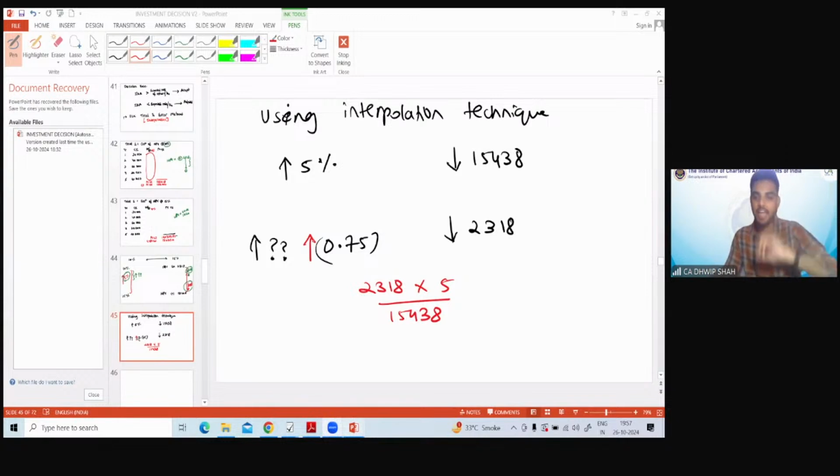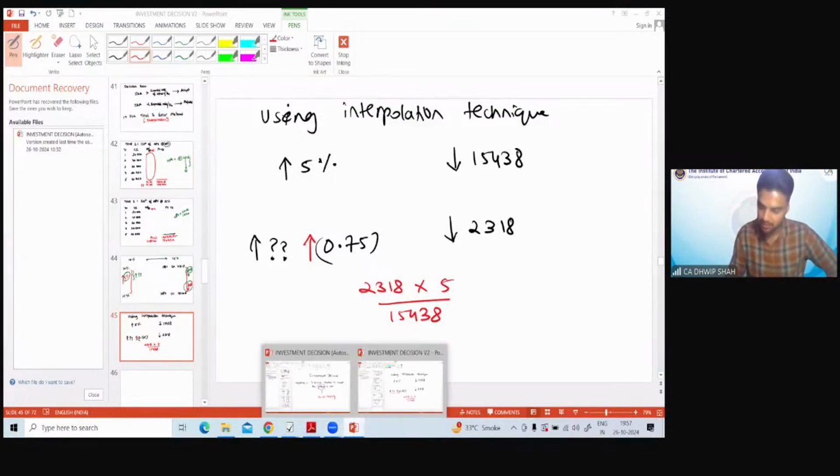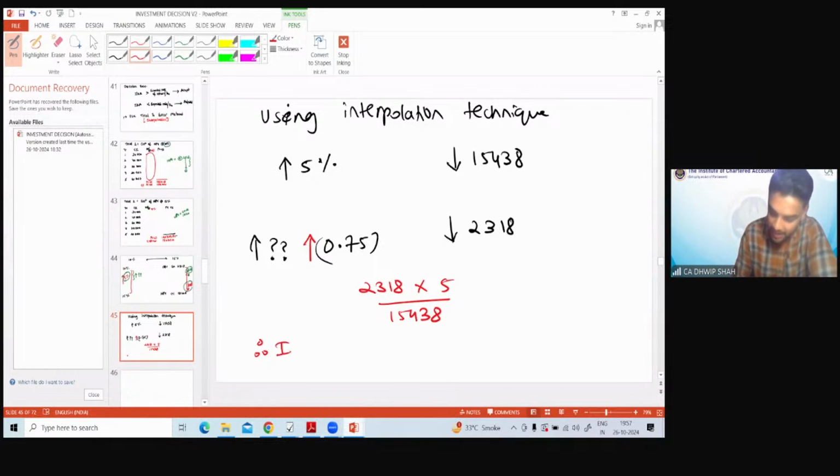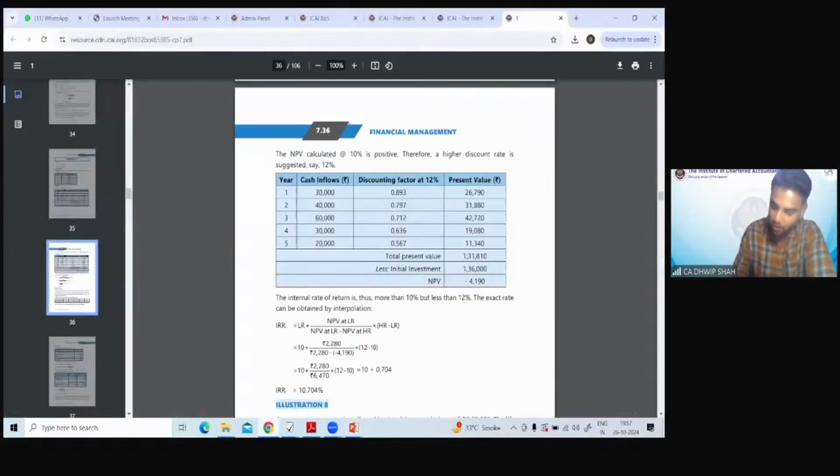So proportionately, I would need to increase the rate. Therefore, my IRR will be 10 plus 0.75. So at 10.75%, approximately, your NPV would be 0. See, the solution also has 10.7%.